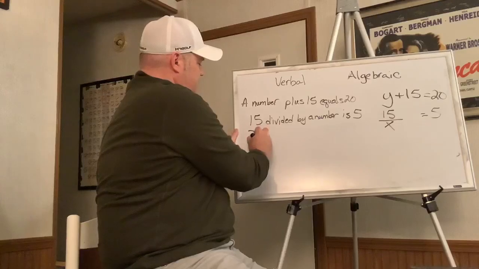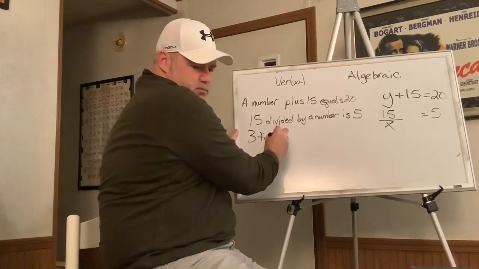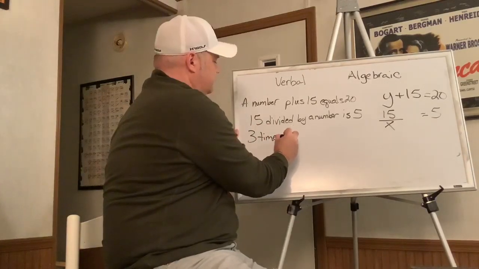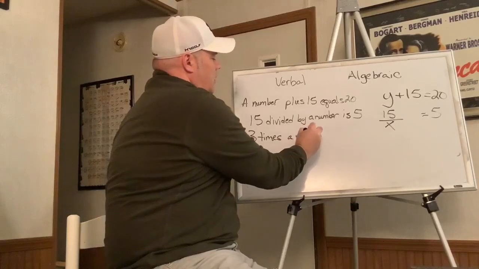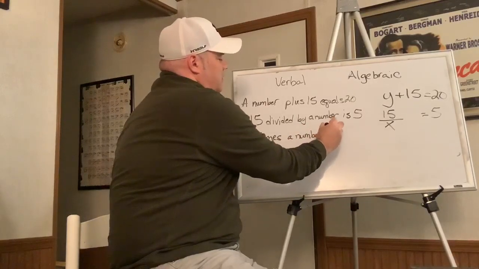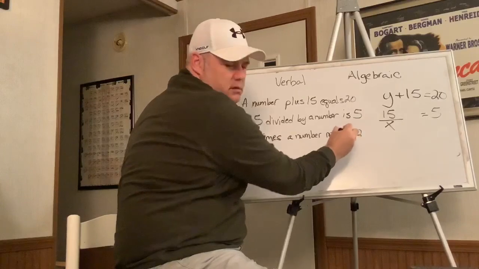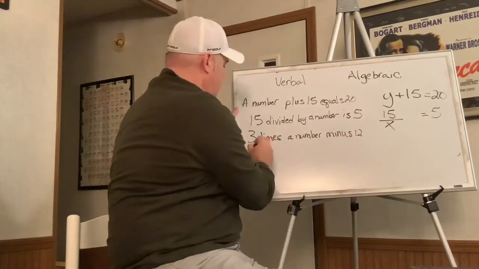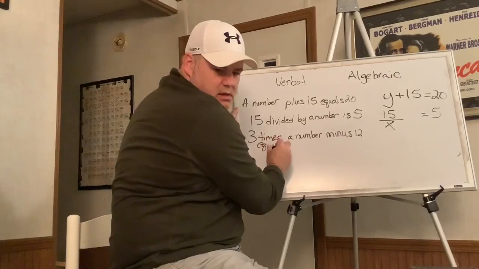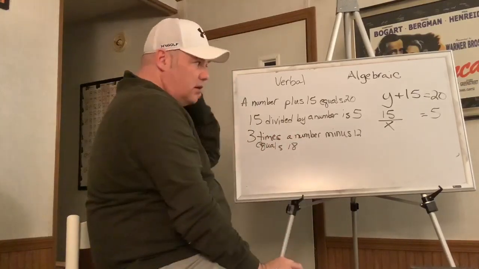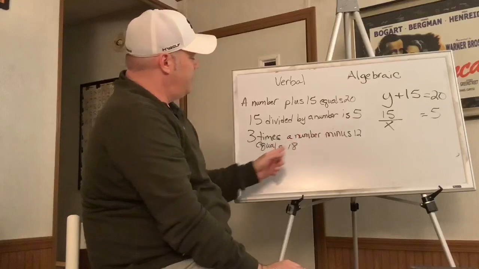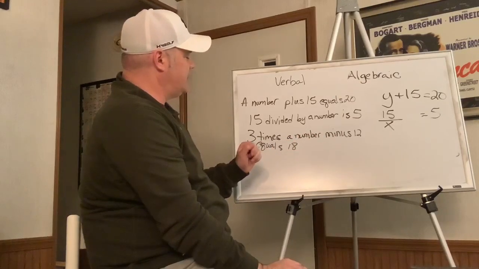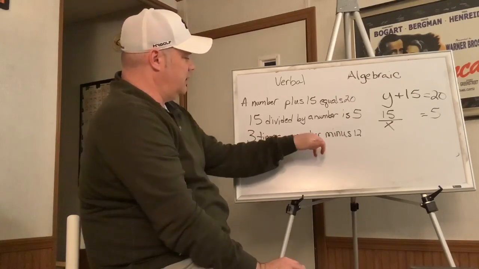3 times a number minus 12 equals, actually I think I have it as equals 18. Okay, so 3 times a number minus 12 equals 18. Well, my unknown's here.